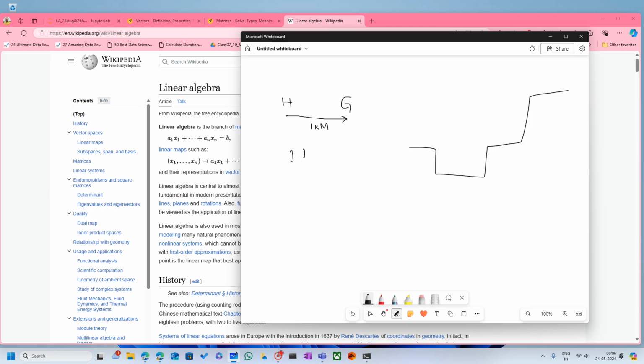If I am to convert this into a linear equation, in order to reach the total value y, you had to take x distance in the form of x steps. So this becomes your linear equation: a times x equals y. One step at a time you took, for 1 kilometer, and finally your value became 1 kilometer.